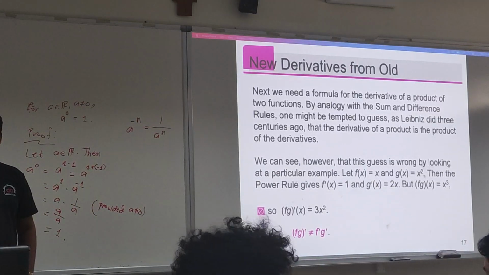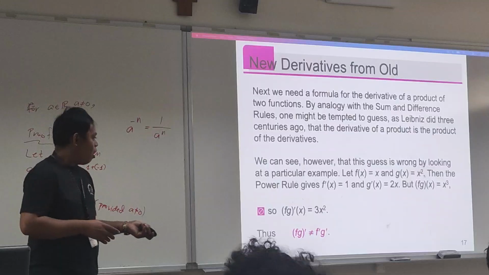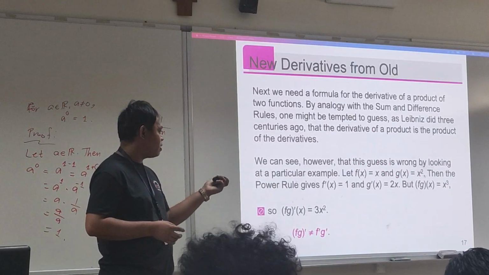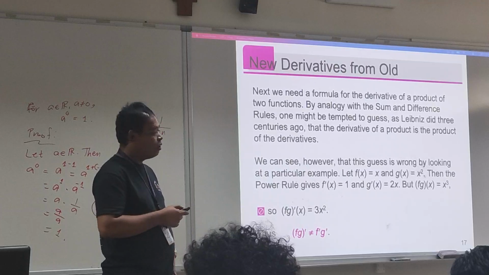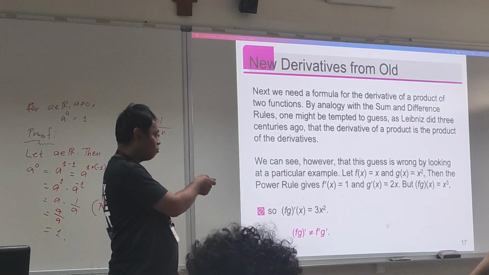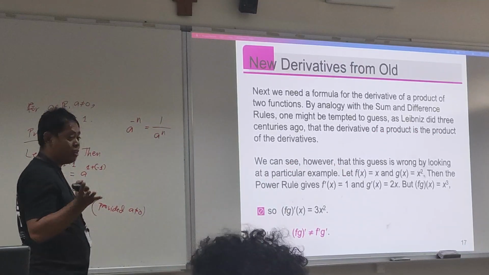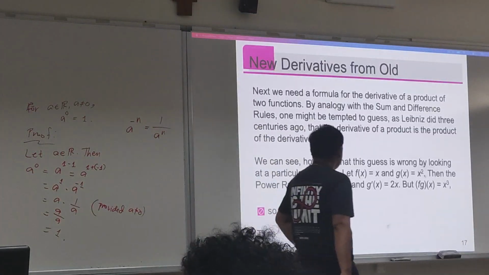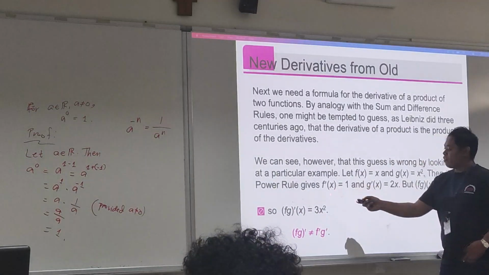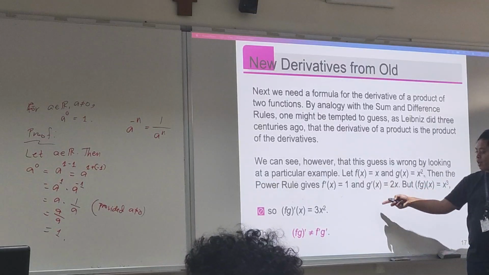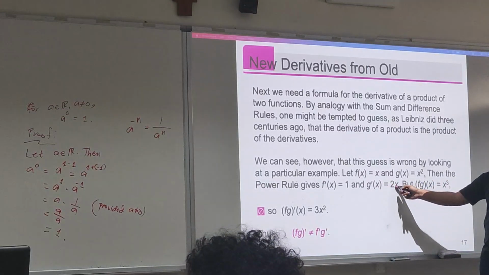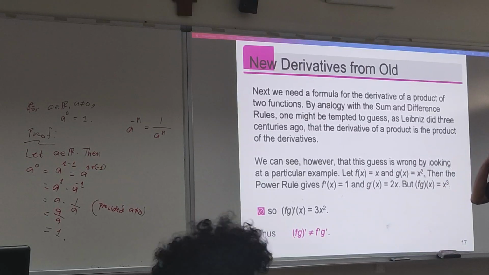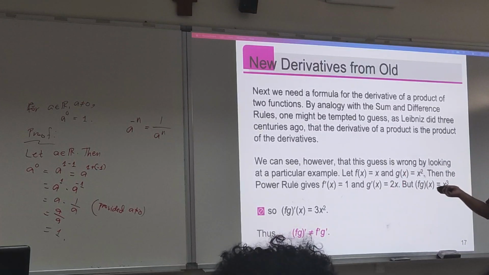Let's consider a particular example. Suppose these are your functions: your f of x is x and your g of x is x squared. If you take the product of your f prime of x, that is just 1, and the derivative of your g of x, that is just 2x, then multiplying 1 and 2x, it's just 2x.